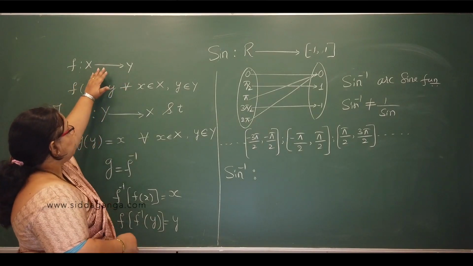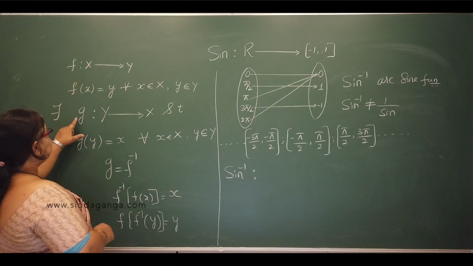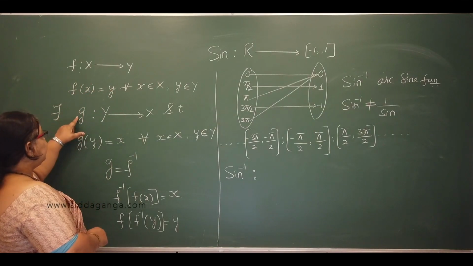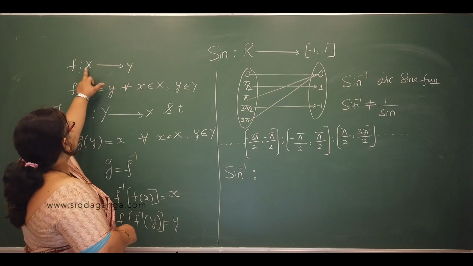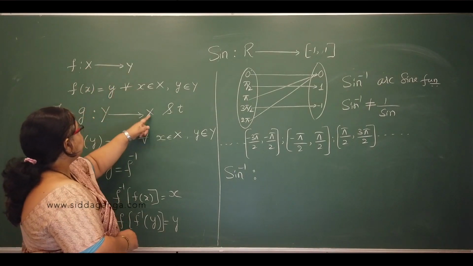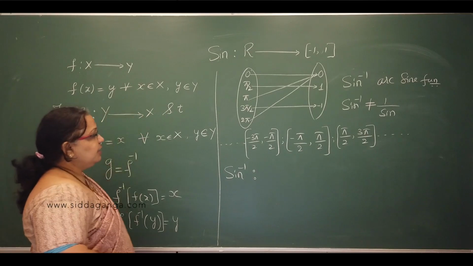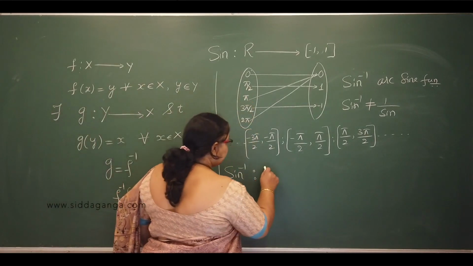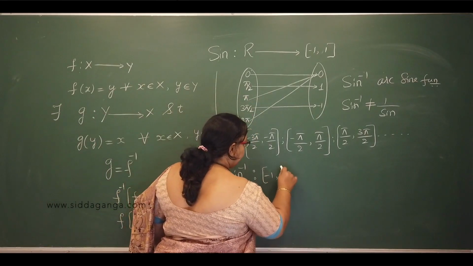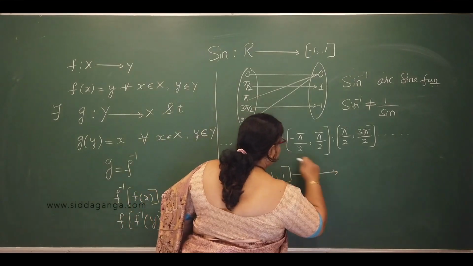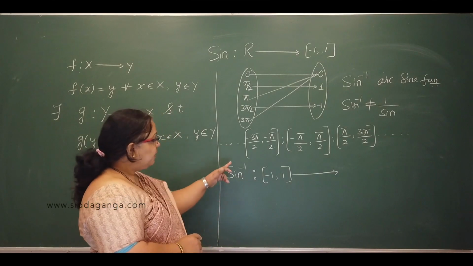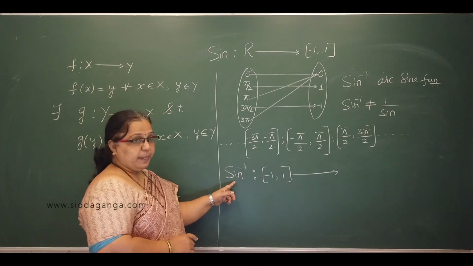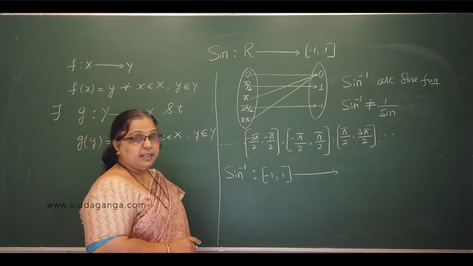If it is a bijective function, there exists another function g, which is the mapping from y to x, with domain and range interchanged. So for the closed interval minus 1 comma 1, we can write the inverse for the sine function with any one of the intervals as the range.